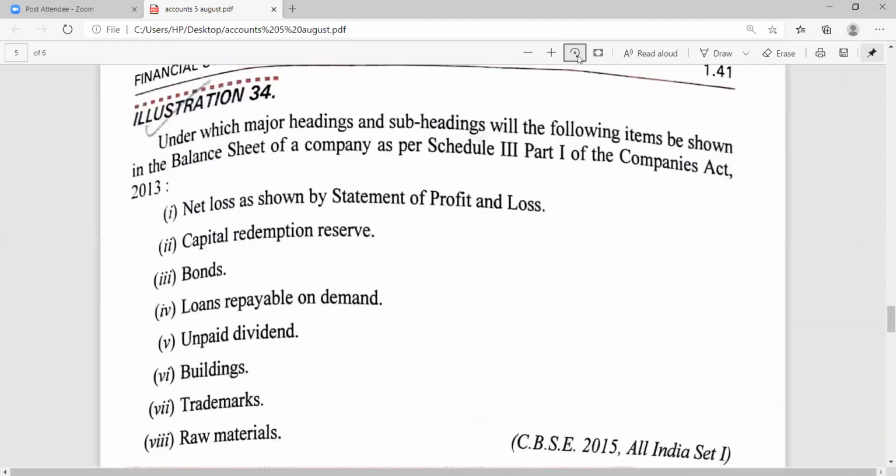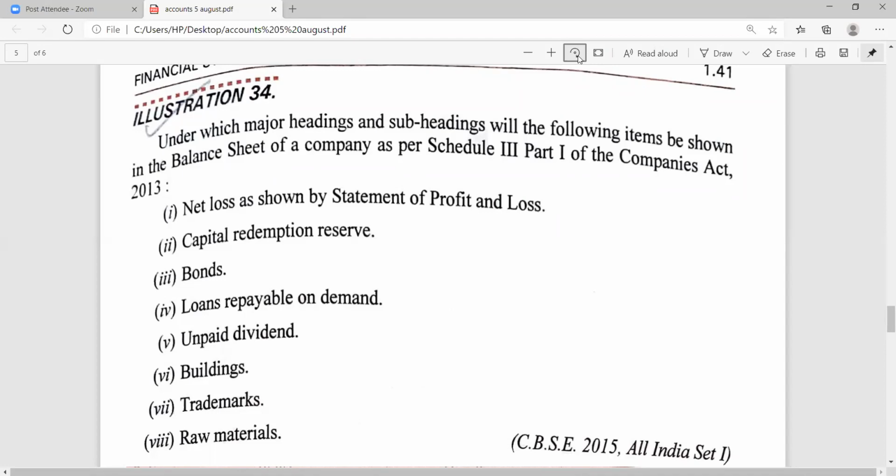Now let's do illustration number 34. Then it will be more clear which type of question you find in the CBSE exam related to company. Illustration 34: under which major heading and subheading will the following items be shown in the balance sheet of a company as per Schedule 3, Part 1 of the Companies Act 2013.